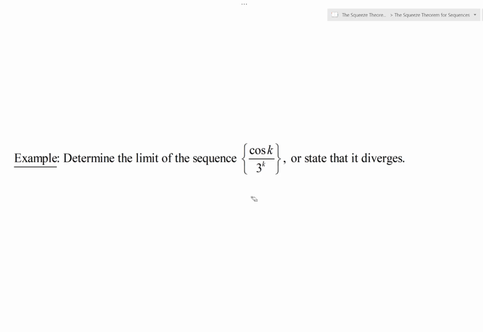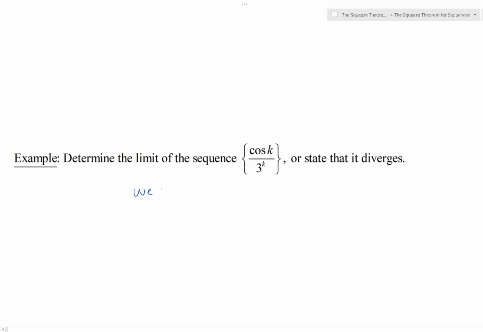So the way we use the squeeze theorem is we want to figure out two different functions that this sequence is trapped in between, and that those two functions go to the same limit. So that's what we're going to look at. We're going to start with what we know.